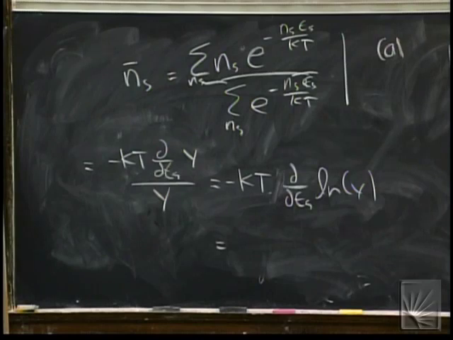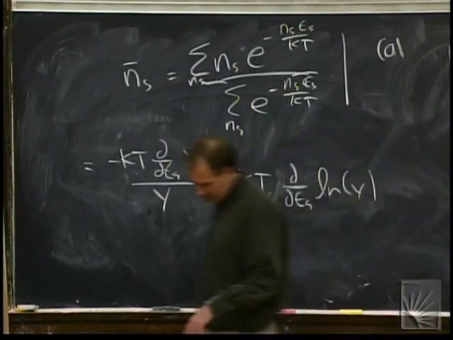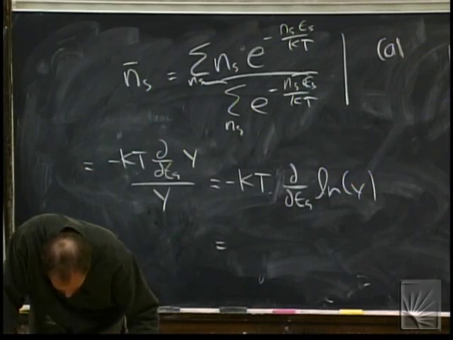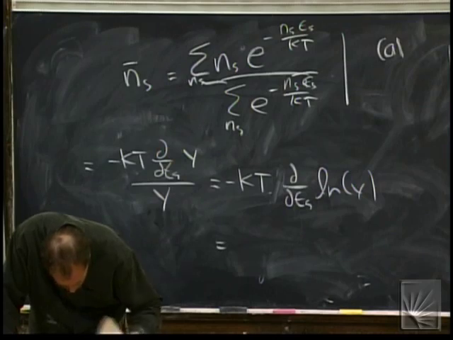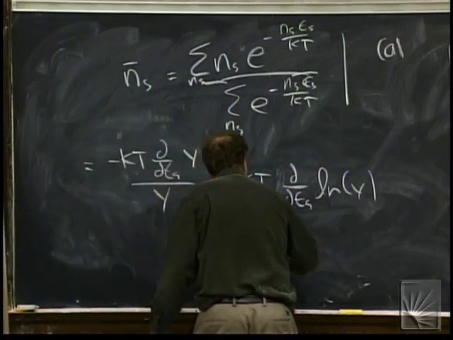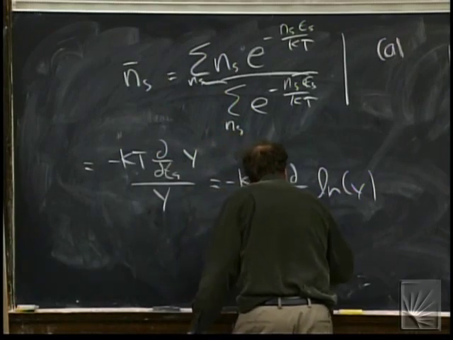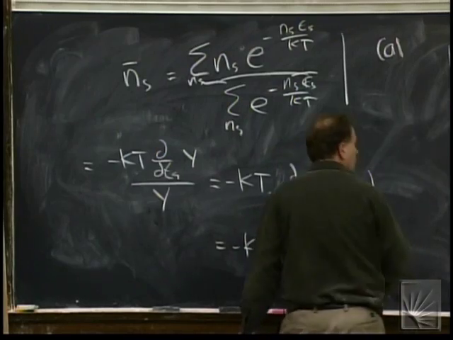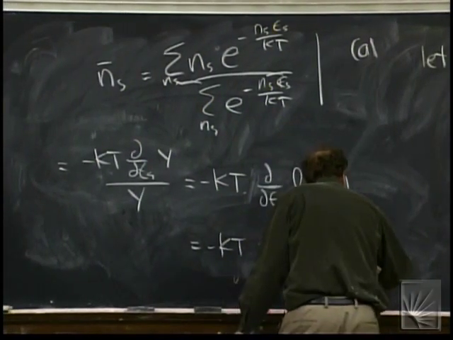So the derivative of the log of this, d by de sub s of the natural log of 1 over 1 minus e to the minus es over kt.